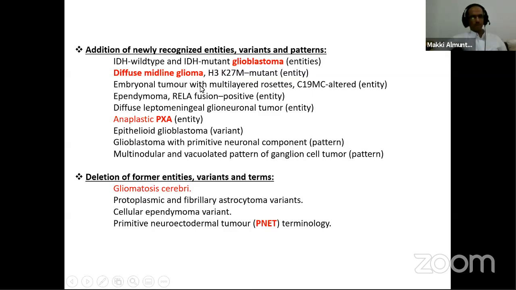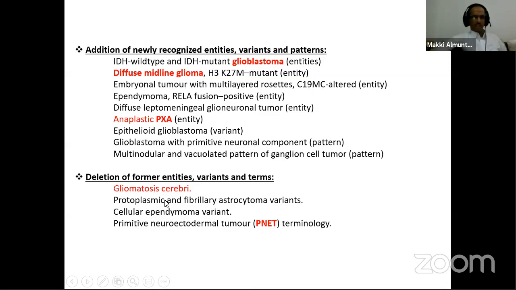Also, embryonal tumor with multilayered rosettes, C19MC altered, ependymoma RELA fusion, diffuse leptomeningeal glioneuronal tumor, anaplastic pilocytic astrocytoma. It was identified, epithelioid glioblastoma, etc.